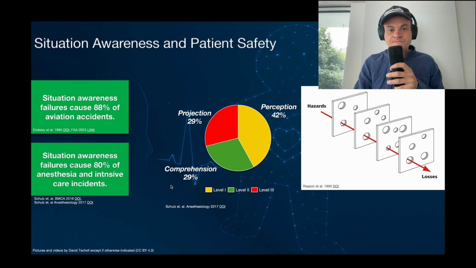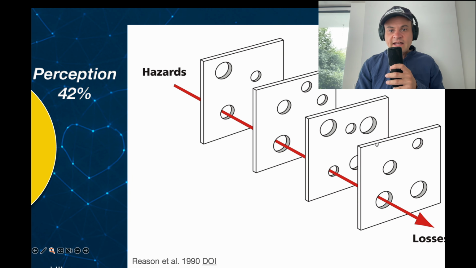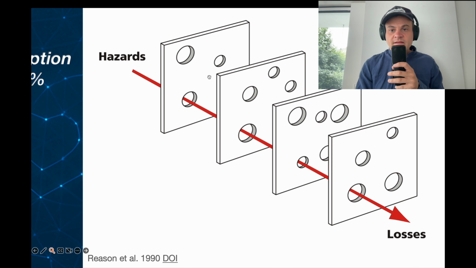The Swiss cheese model of error causation shows that for a hazard to become a loss, the holes in the Swiss cheese, which are our protective barriers, must align in an unfortunate fashion for this red error trajectory to pass through from a hazard to a loss. Now, what are the slices of Swiss cheese in our hospital environment?